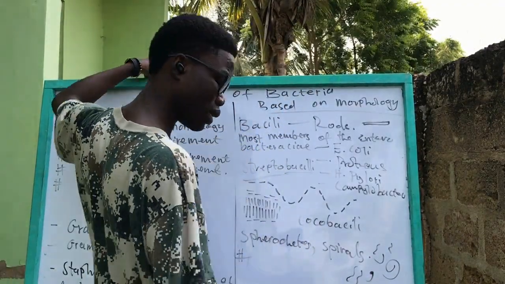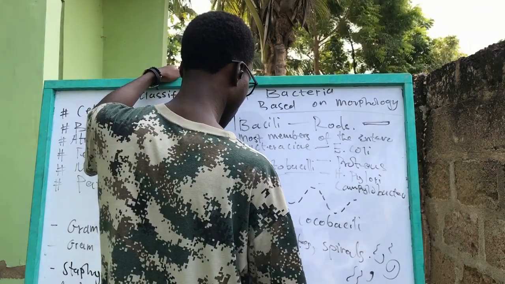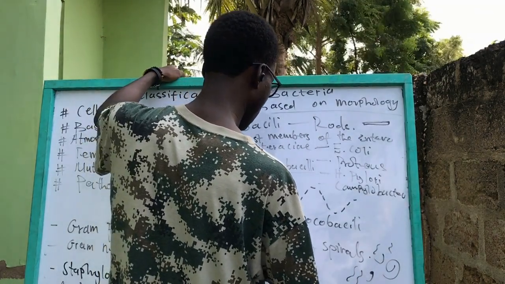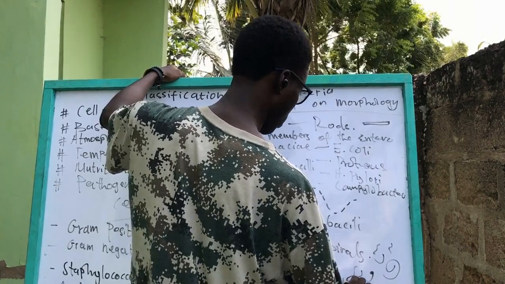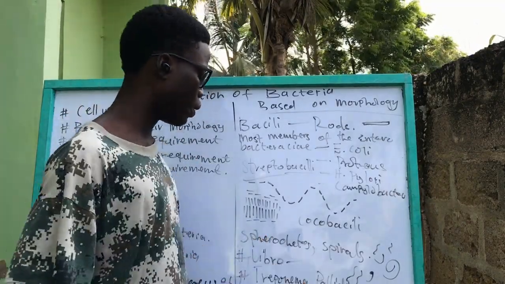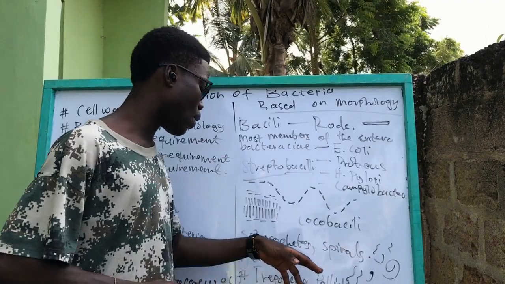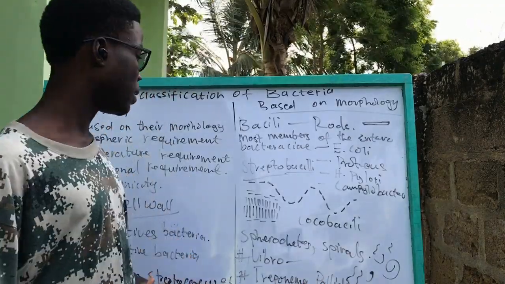Typical examples are the Vibrios, such as Vibrio cholerae, then Treponema pallidum, which is the causative agent for syphilis. So those are the spirochaetes or spirals.